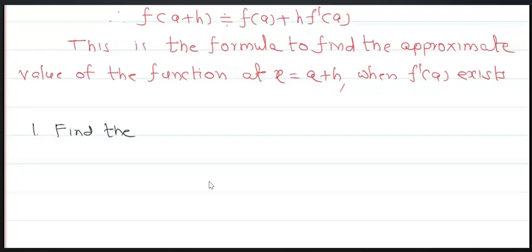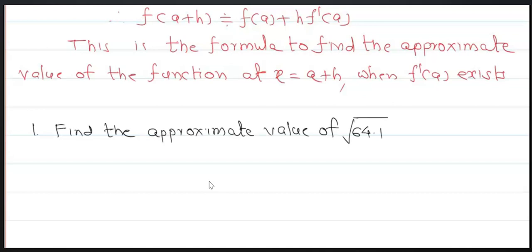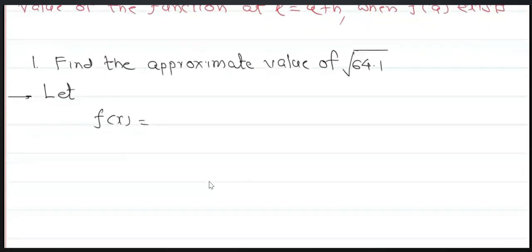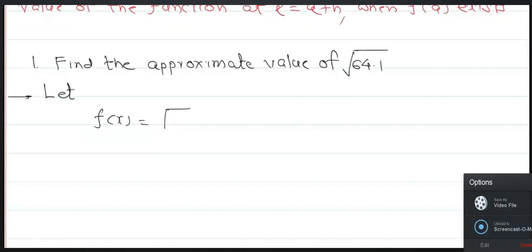Now the first example: find the approximate value of root of 64.1. Now it's clear that the nearest square root value is 8, for 64.